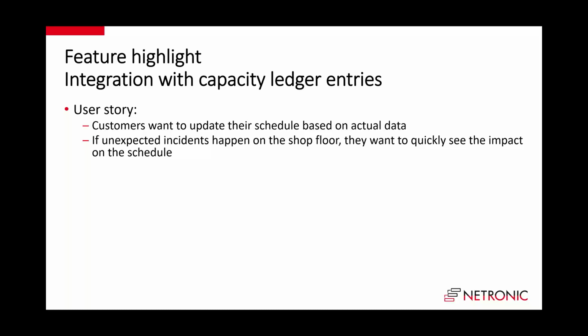They have a schedule, and then the schedule hits reality. People start to post output and consumption on the production orders, and most of the time things do not go as planned. Then unexpected things happen on the shop floor, and then, of course, they want to understand, hey, something happened. What impact does this have on my schedule? Which jobs will run late? Where will I have problems?